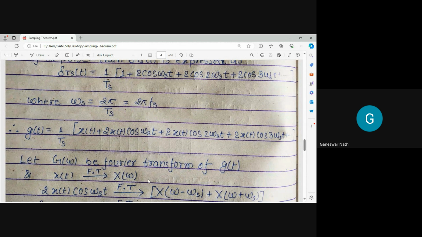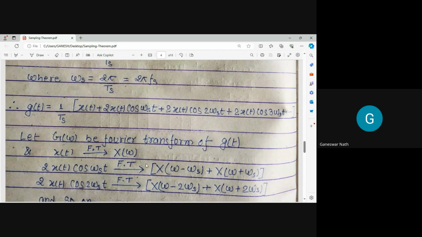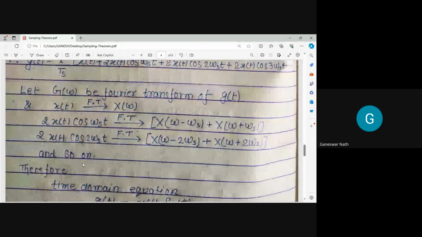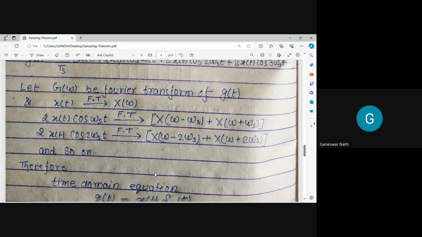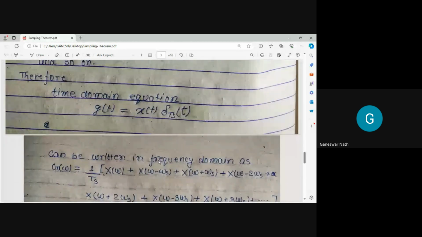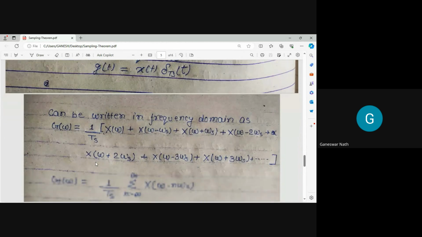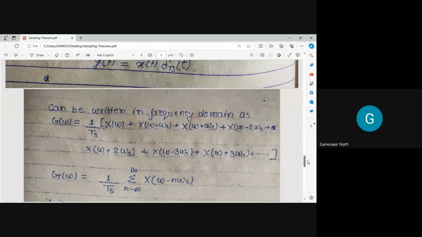So let G omega be the Fourier transform of gt, and X omega the Fourier transform of xt. You can get X omega, and also X omega shifted by omega s, by 2 omega s, and so on. Therefore the time domain equation gt can be expressed as xt delta ts t, which can be written in the frequency domain like this.